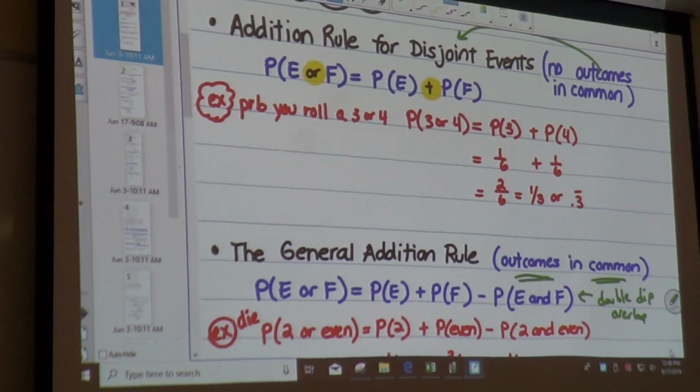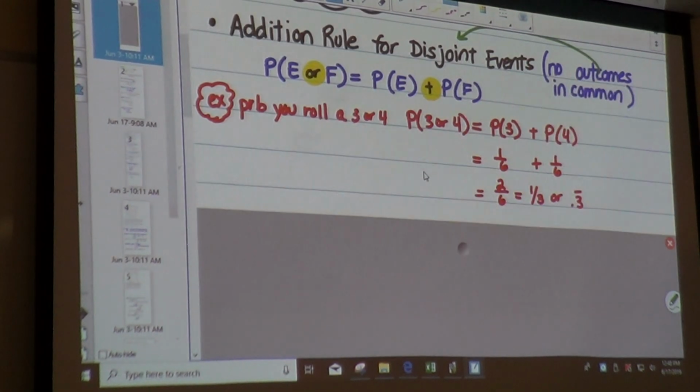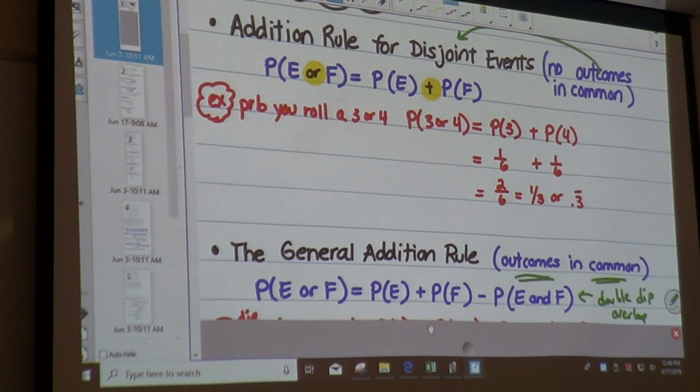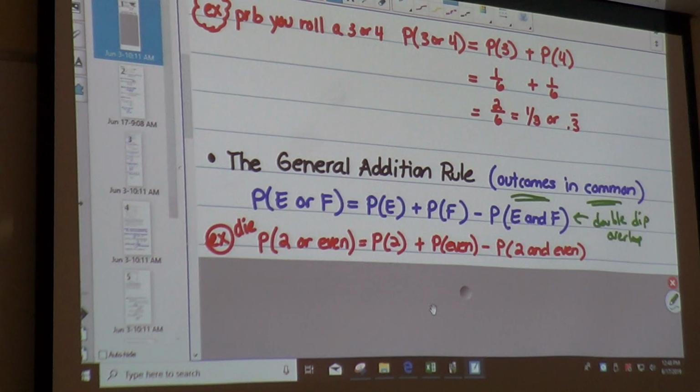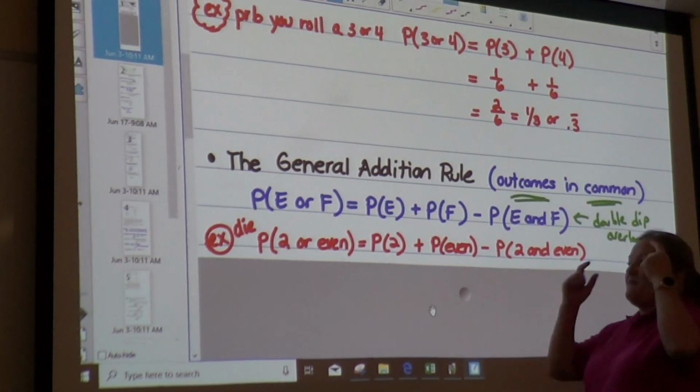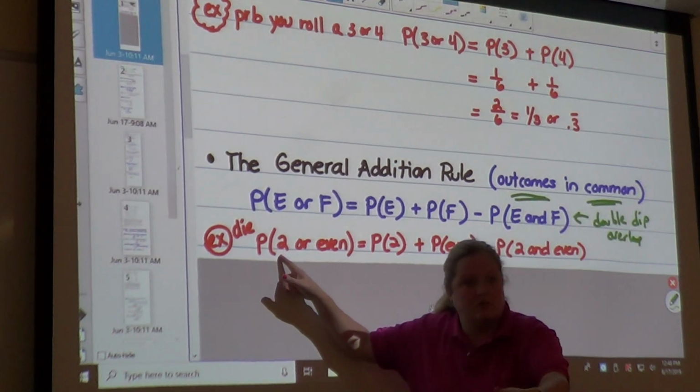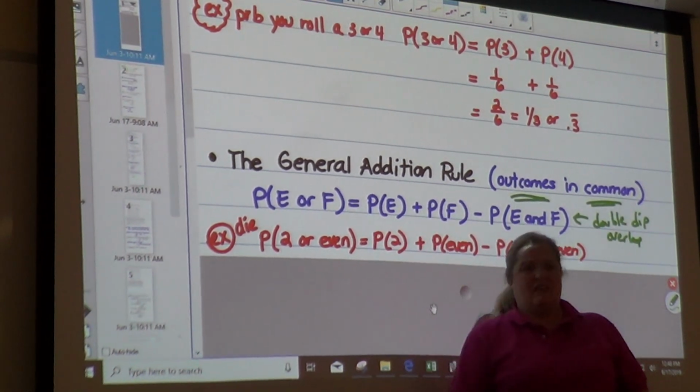For this one, let me pull so that I can cover up as we go. I'm asking you, what is the probability if you roll a die and I'm happy if you get a 2, or I'm happy if you get an even number?